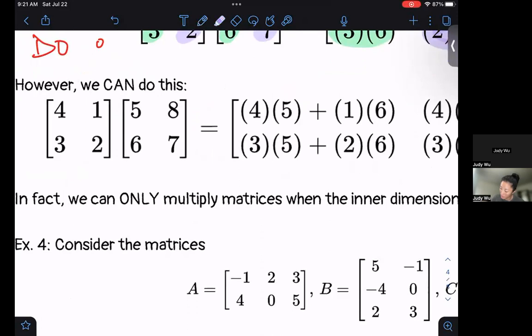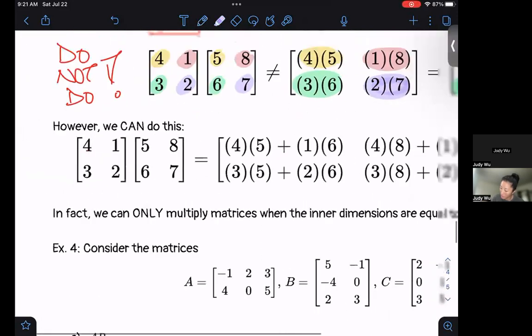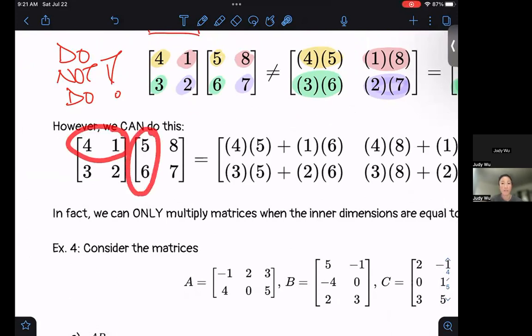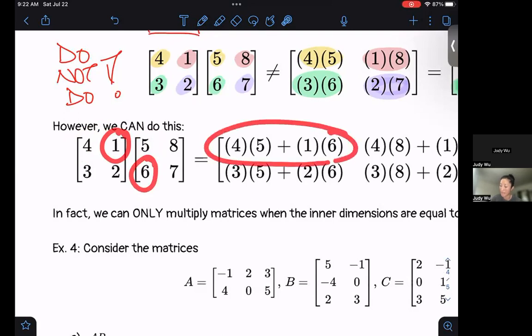However, this is the process that we use when we're multiplying matrices. We take the entries in the first row of the first matrix and the first column of the second matrix. We multiply the first in the row with the first in the column, and then the second in the row with the second in the column, and we add them together.